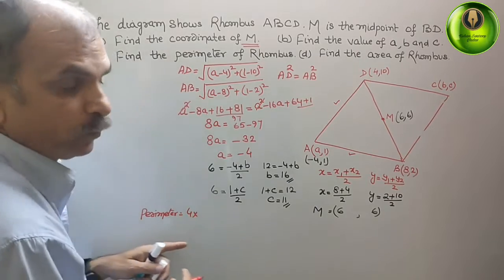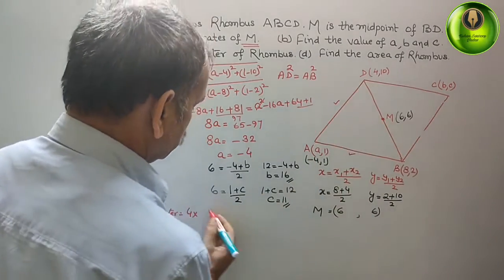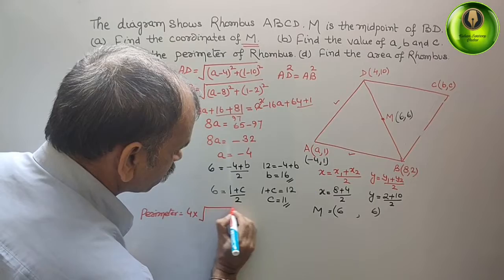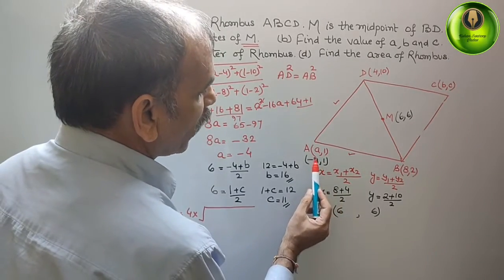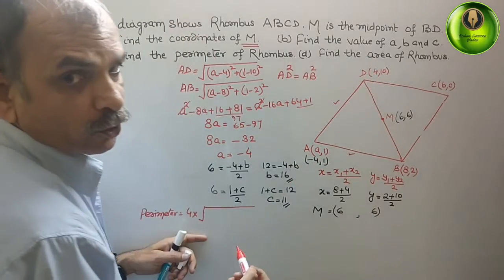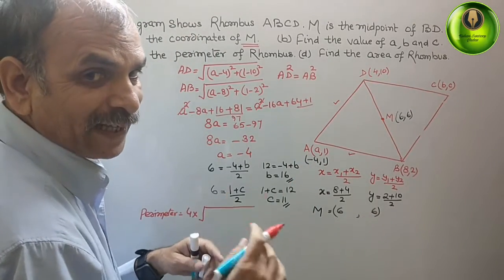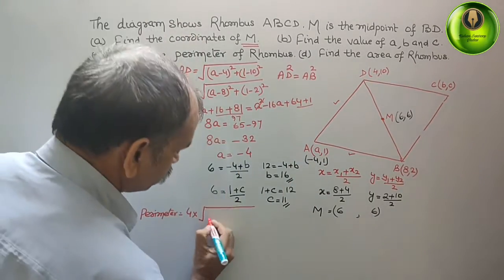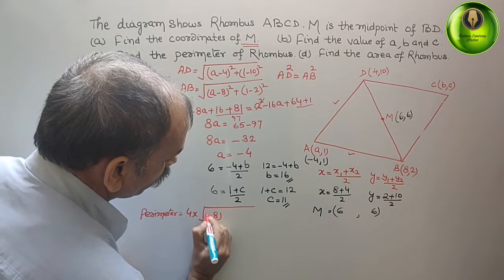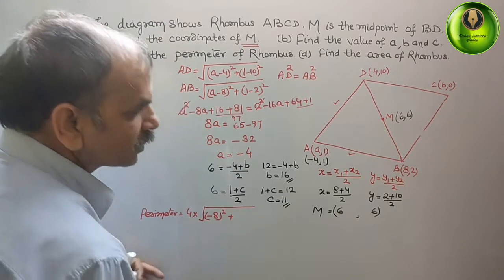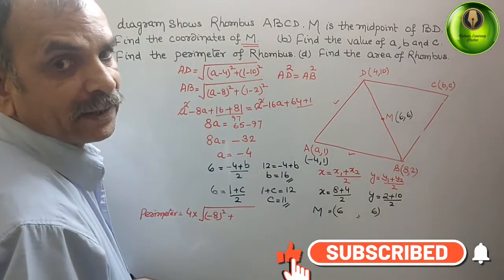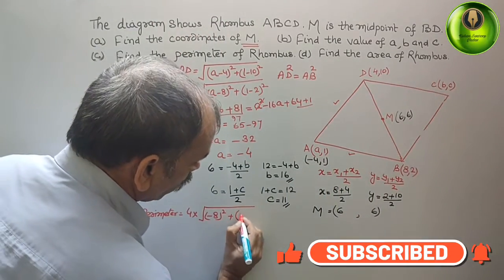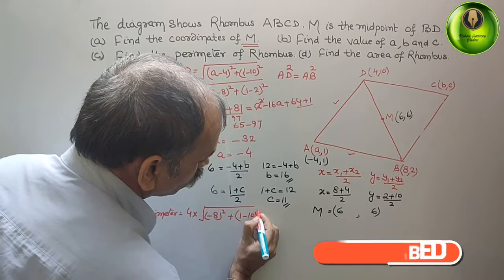4 into the square root of the distance formula of this. That is what? Minus 4 minus 4, that is minus 8, whole square, plus 1 minus 10, whole square.